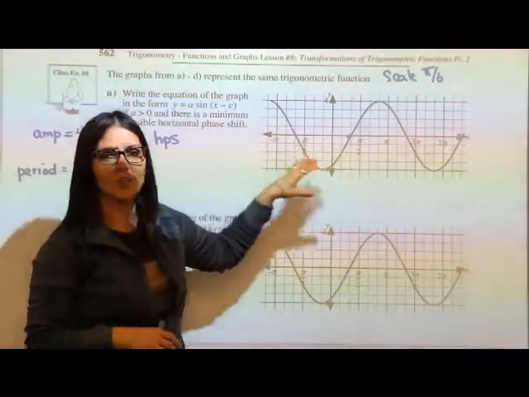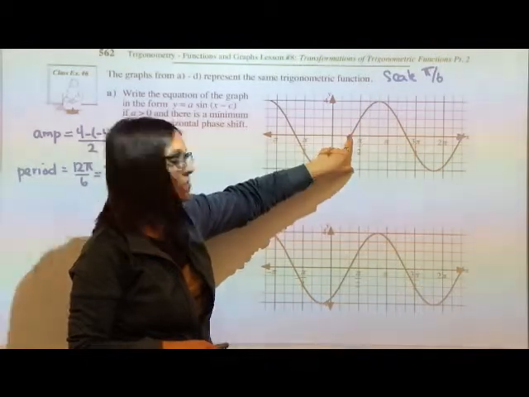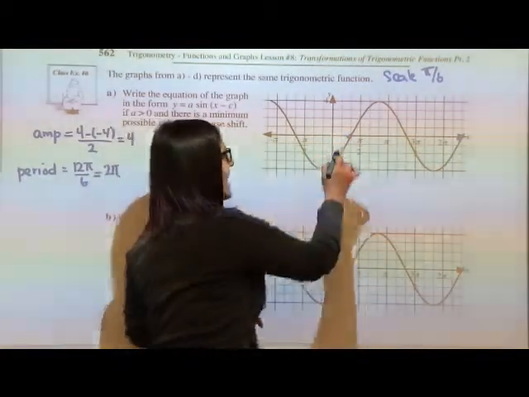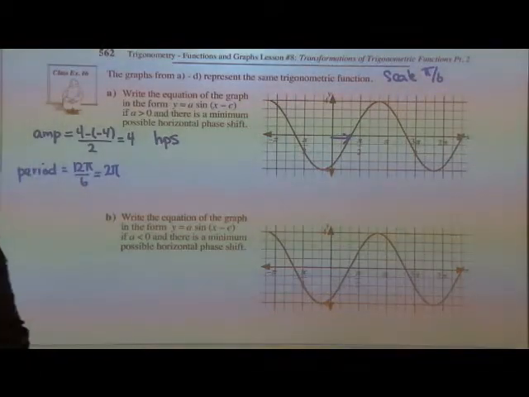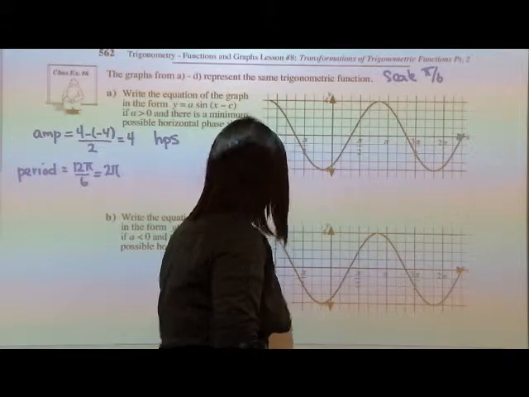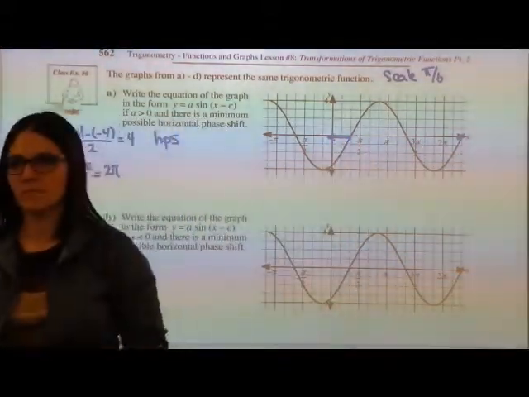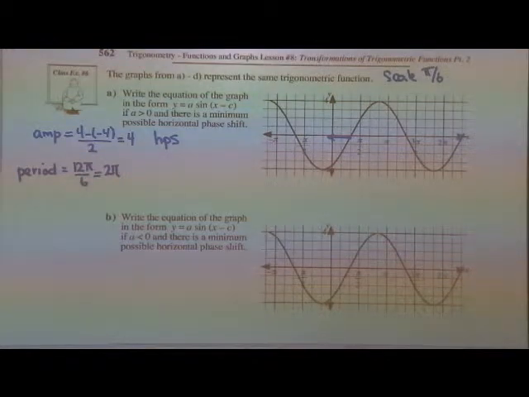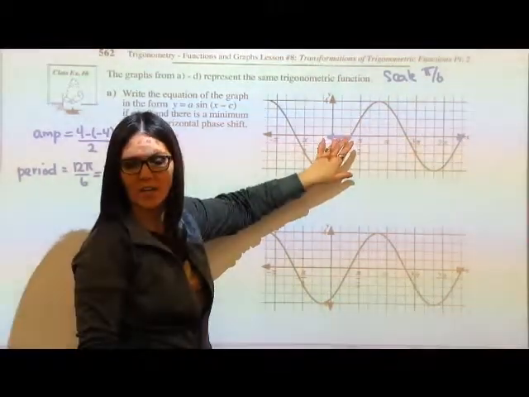So what I want to do is look at where that matches up. Right here. If I take this graph and slide it over to that point, it will match up. Or actually, sorry, not slide it over to that point, other way around. If I took this and I went backwards, because that's where I want sine to start, because that's where I'm used to it starting.